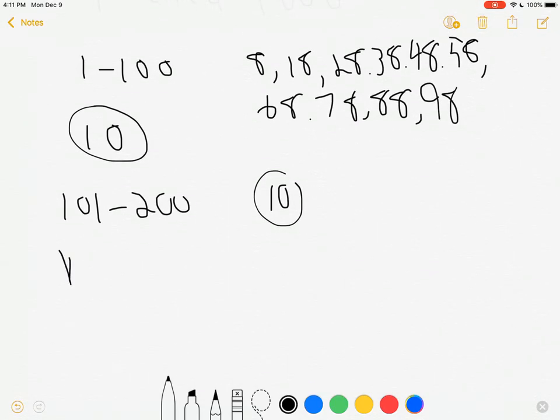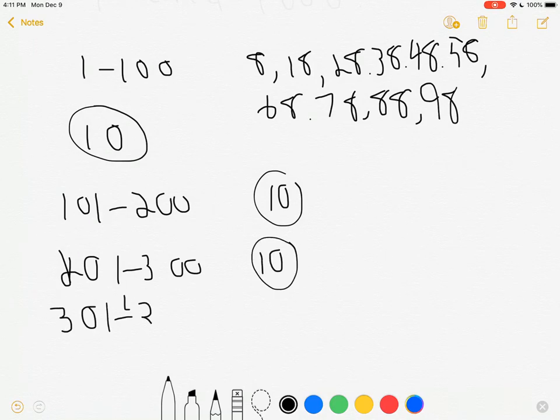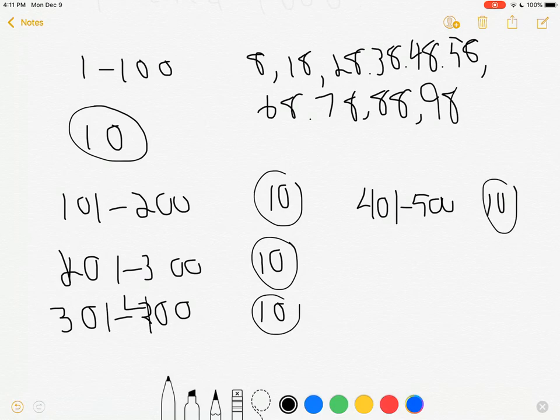So 201 to 300 would be 10 more. 301 to 400 would be 10 more. 401 to 500 would be 10. And so on.